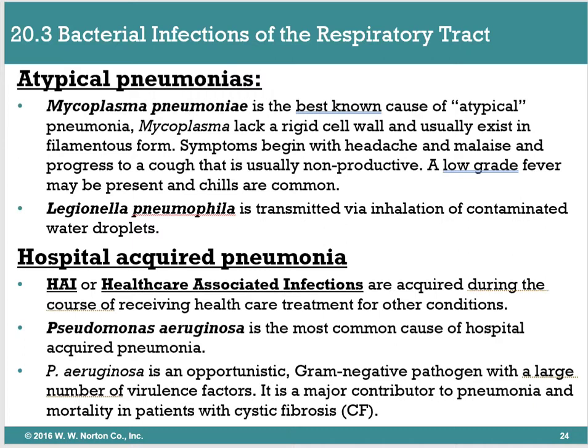So it's normally in a filamentous form, a little bit more fluid. A lot of times your patient will come in with headache, malaise, which is general weakness, and a cough, but it's non-productive. You may even have a low-grade fever and chills. So it kind of just sounds like the flu, but it's not.